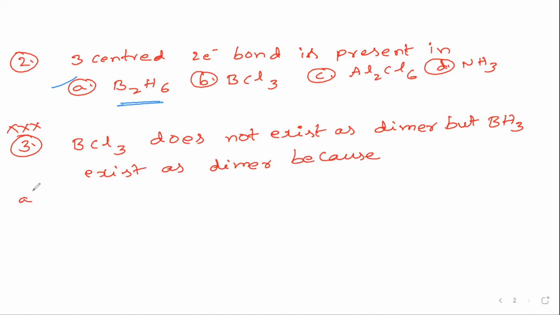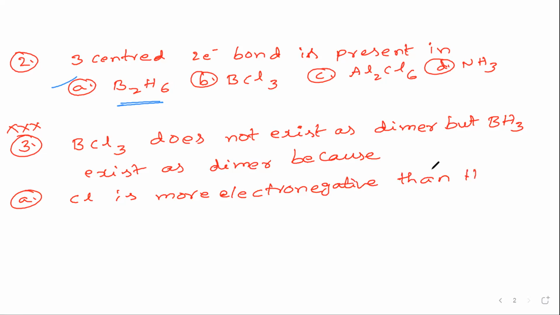Everyone should get the doubt why B2H6 exists but not B2Cl6. Option A: chlorine is more electronegative than hydrogen.